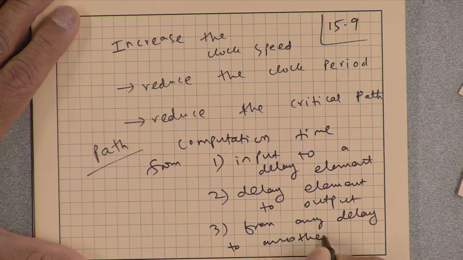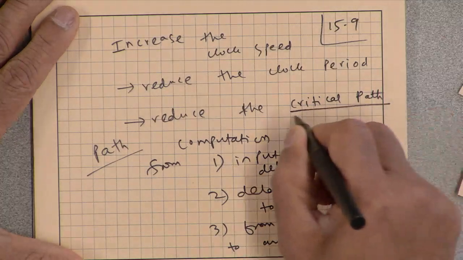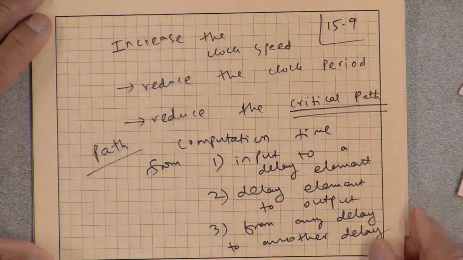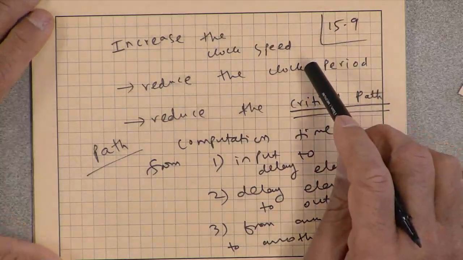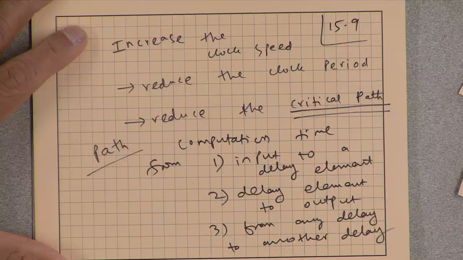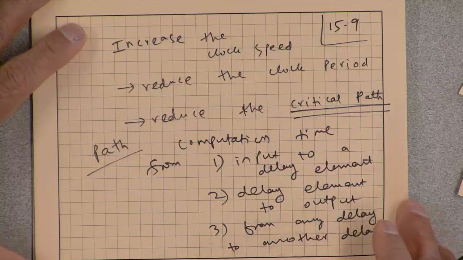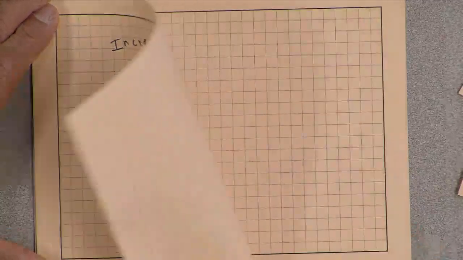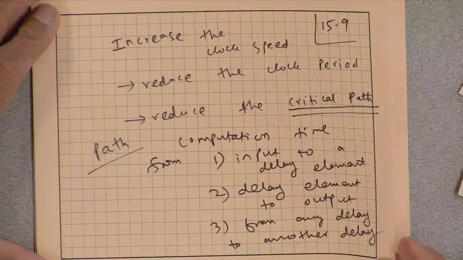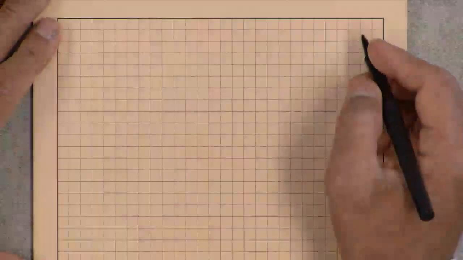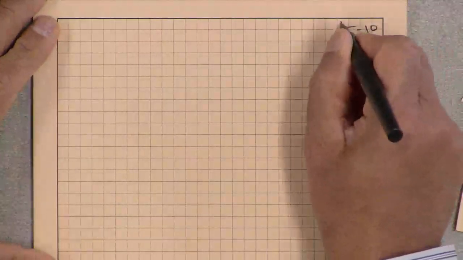So if you compute all these possible paths, the longest path is the critical path, and that length of time to compute is called the critical path time, and that's a lower bound on the clock period, and the reciprocal of that is an upper bound on clock speed. Clock speed is an upper bound on sample speed. So one approach to reducing the critical path is called pipelining, and we alluded to it a little bit, but we can talk about it in a more formal way.